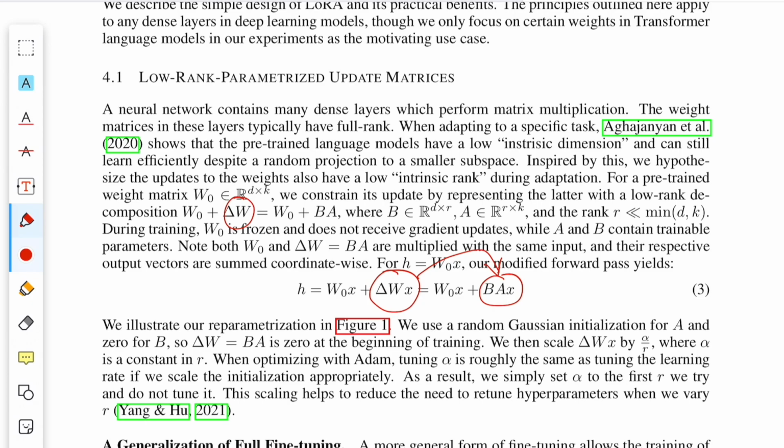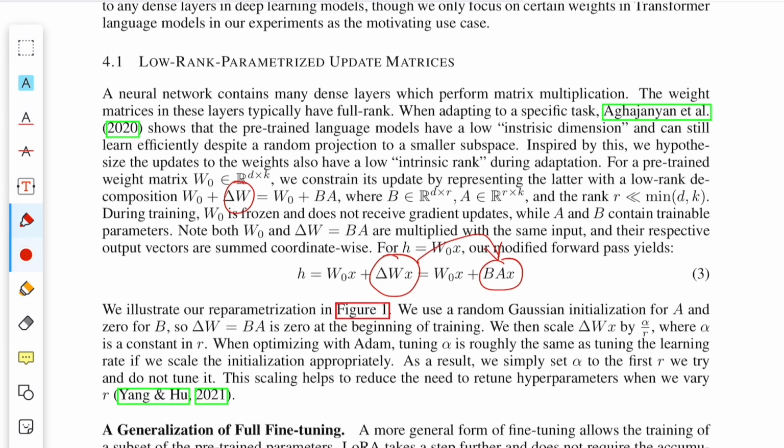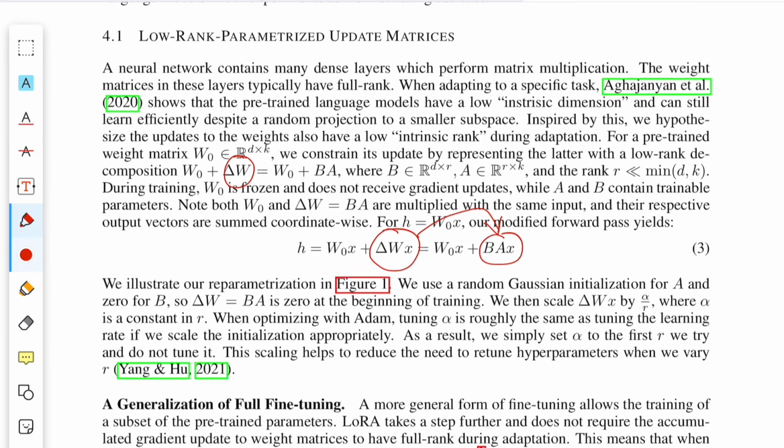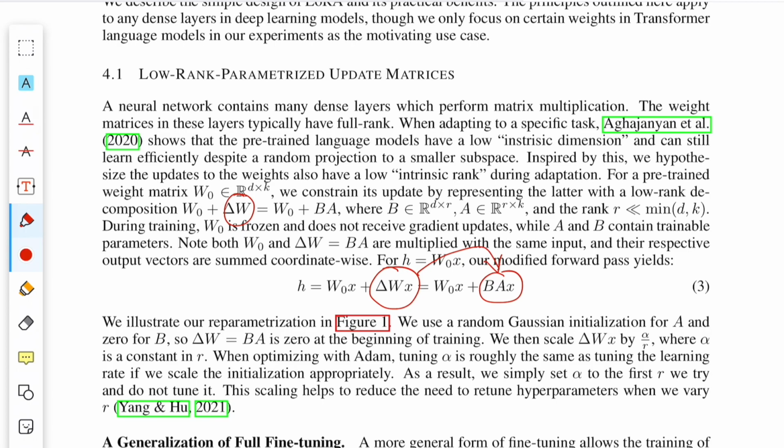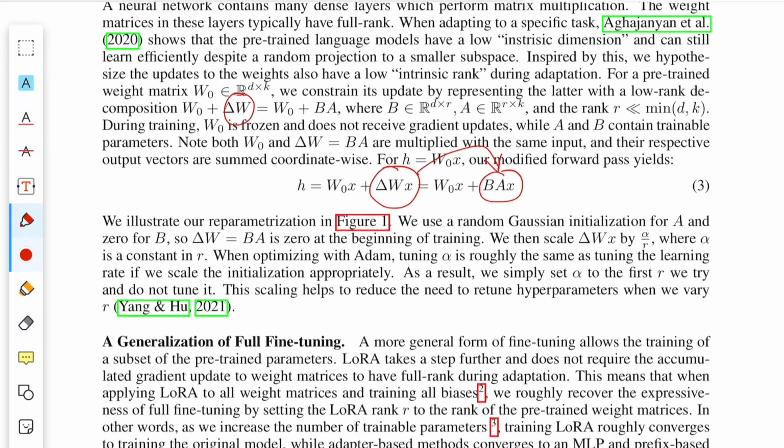We can save much more cost. So why is it better? Because B and A have a lower rank. So why does lower rank give better computing efficiency? That's another topic. We can make another video to introduce the mathematical problem. Okay, so basically LoRA is simple. It is just the decomposition of the matrix. Okay, that is simple.